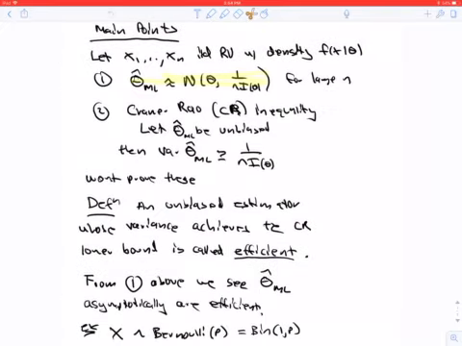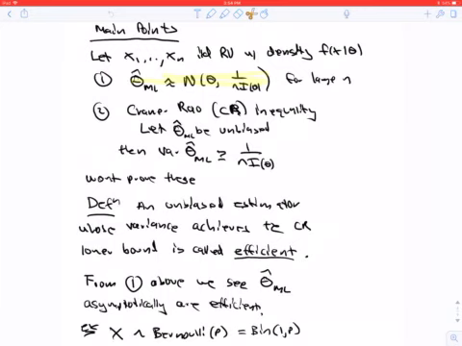So main points: if X1 to Xn are random variables with density f given theta, then asymptotically the MLE estimate is normal, unbiased, with variance 1 over n I of theta.